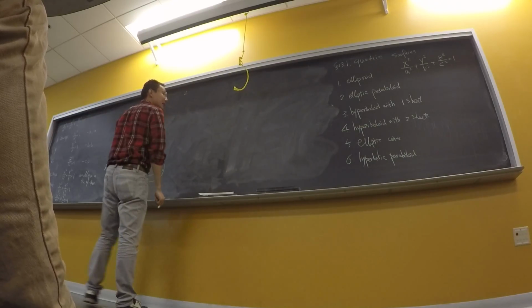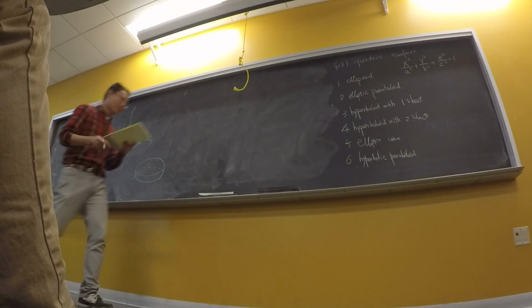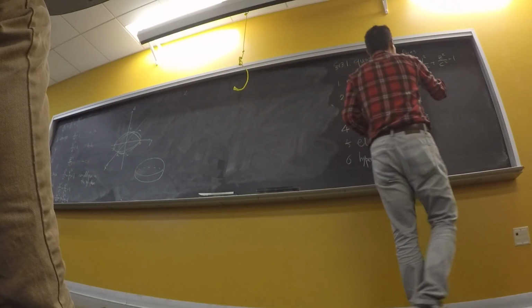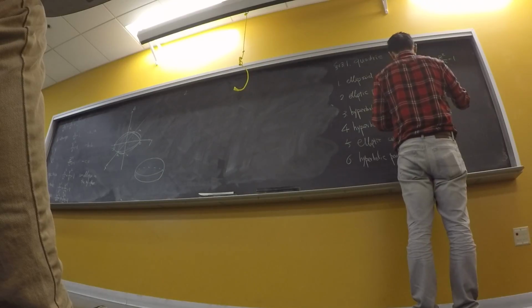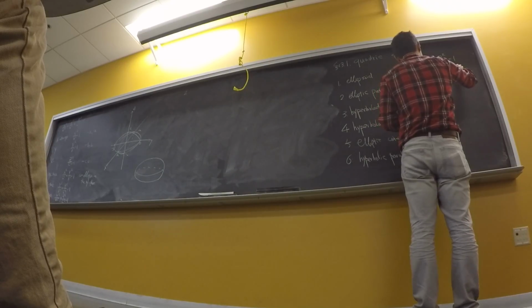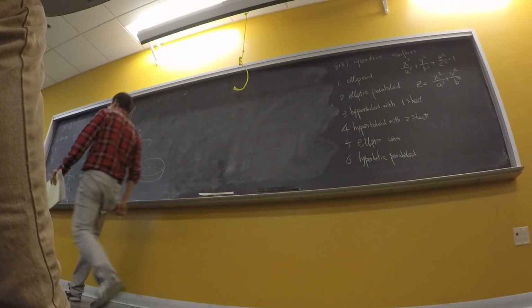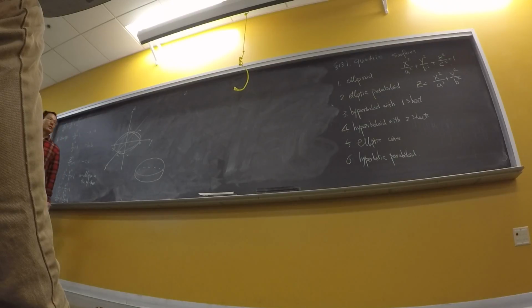The second case is the elliptic paraboloid. The standard equation is z equals x squared divided by a squared plus y squared divided by b squared. Okay? Still a second order equation.